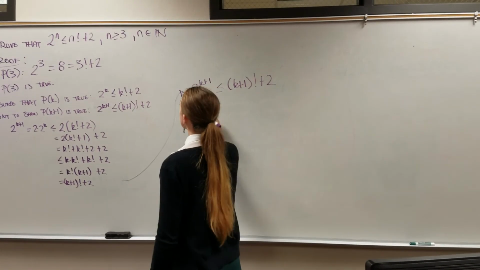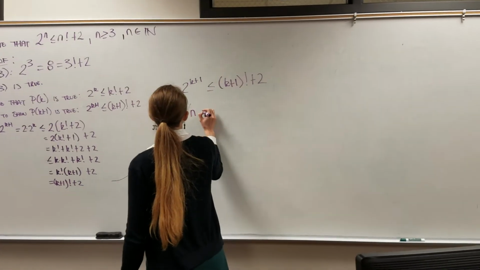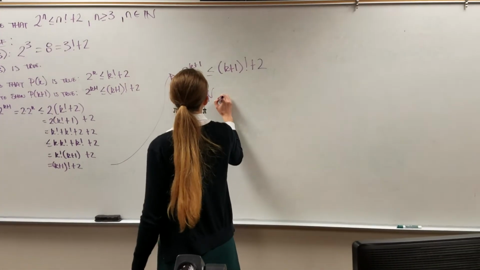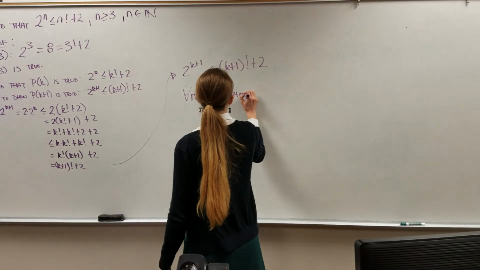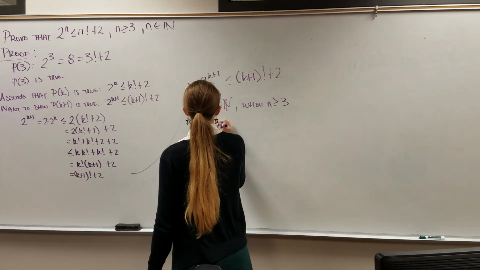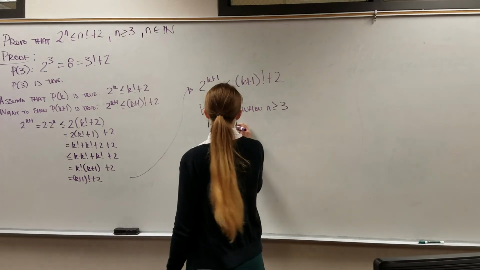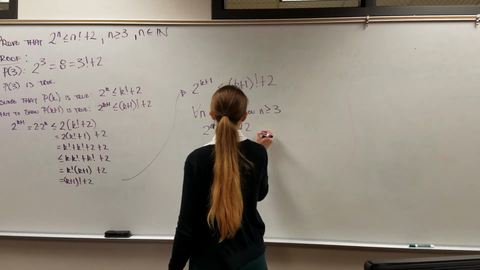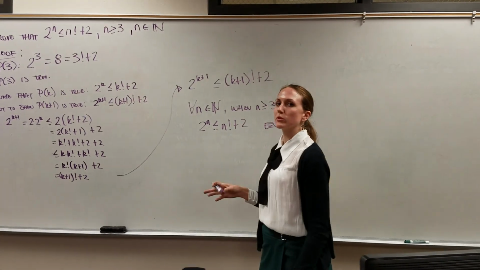Thus, this proves that for all n that are natural numbers, when n is greater than or equal to 3, 2 to the n is less than or equal to n factorial plus 2. And that's a proof by induction.